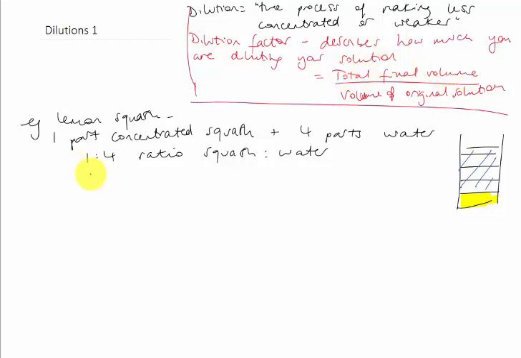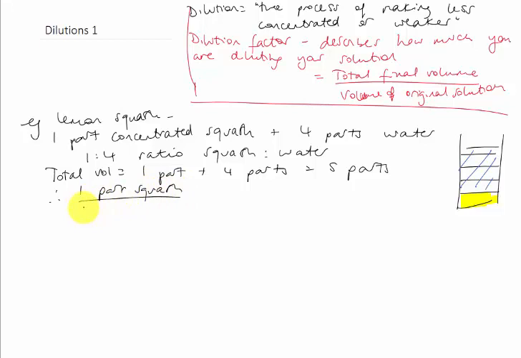So what we do is add the squash and the water together, so total volume, that would be 1 part plus 4 parts equals 5 parts, and so we could say that therefore for every 1 part squash, 5 parts total, and therefore 1/5 of the drink is made up of the squash from the bottle.